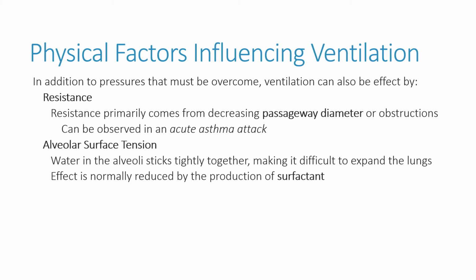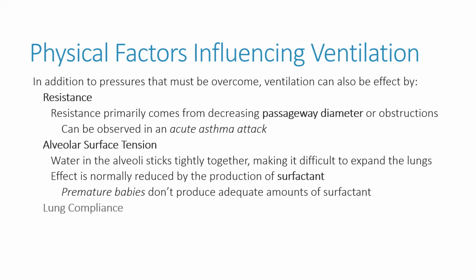The effective surface tension is normally reduced by the production of surfactant within the alveoli. However, premature babies don't produce adequate amounts of surfactant and can have a difficult time just inflating their lungs. So it's common for premature babies to need assistance in getting this airflow into their lungs.